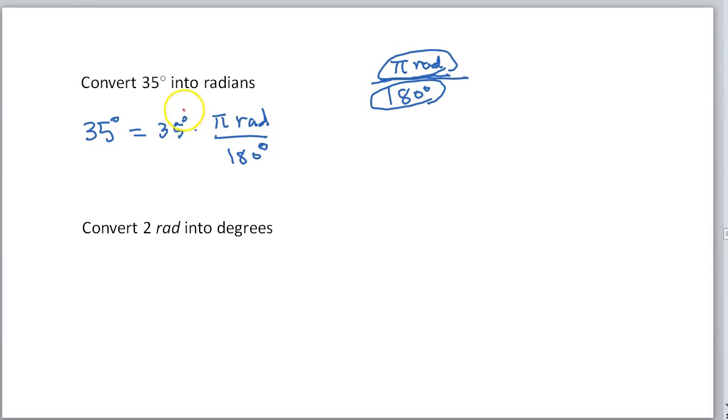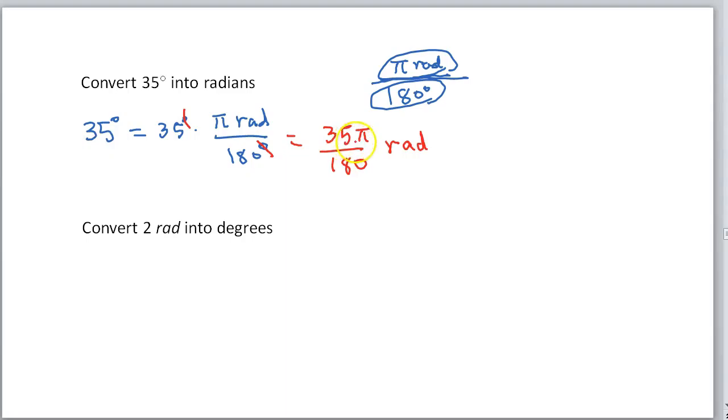So you can cancel degree with this degree, and you have 35 pi over 180 as the result, with the radian, rad, surviving as the unit, right? And then as you can see, if you look at the unit before and unit after, you started with a degree and you ended up with a radian, so you've converted this 35 degrees into radians.